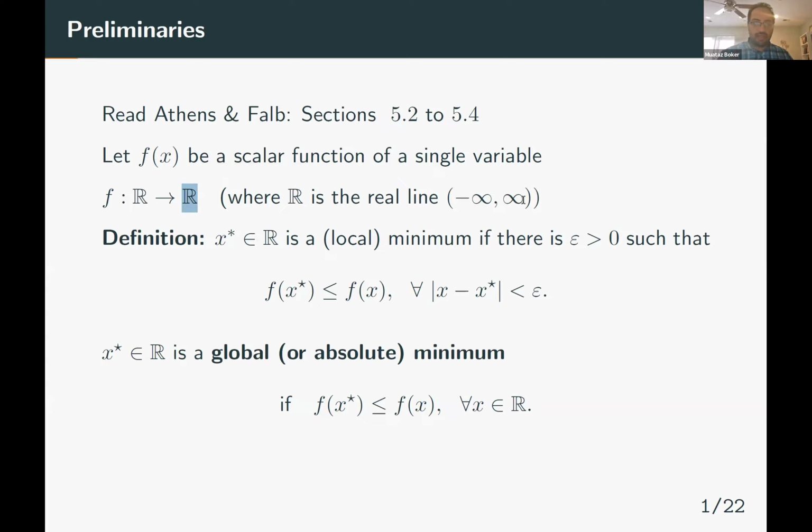So in this slide, we're not talking about vectors, we're talking about scalars, dimension 1, okay?